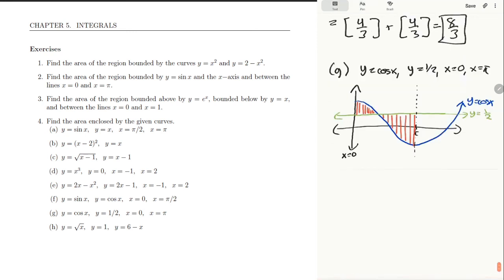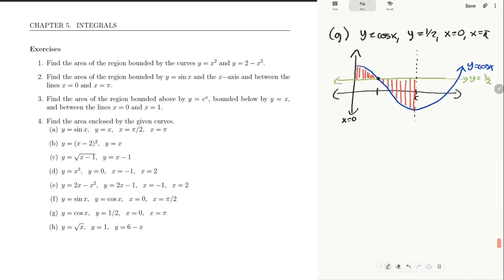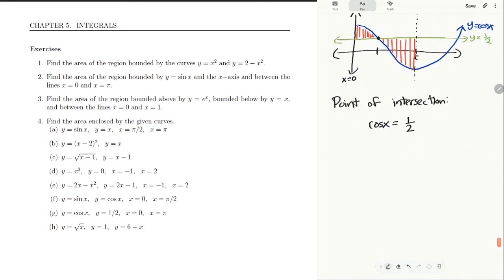And so the first thing we'll look for is the point of intersection. So we'll set the cos of x equal to 1/2. And so we want the angle, which makes the cosine equal to 1/2.